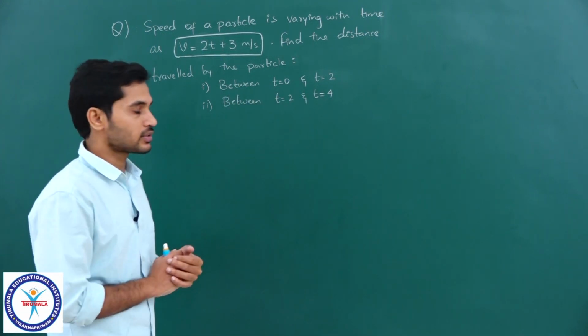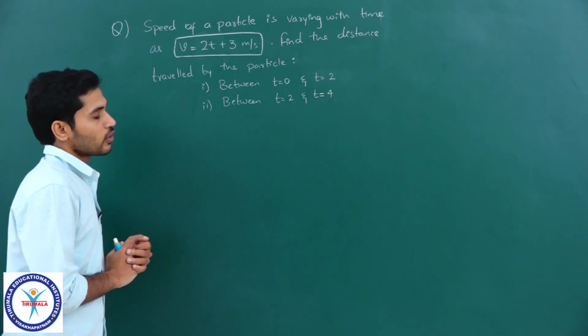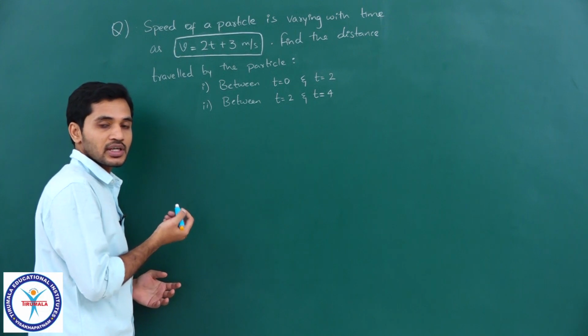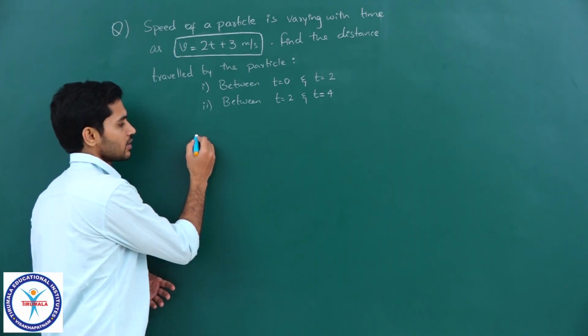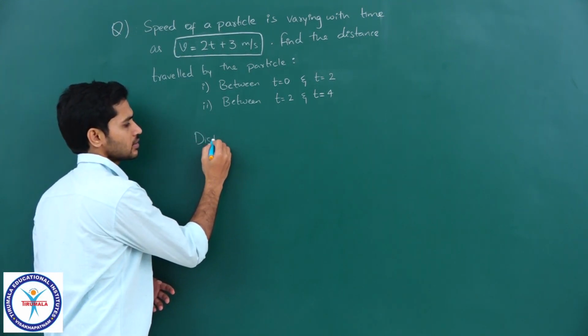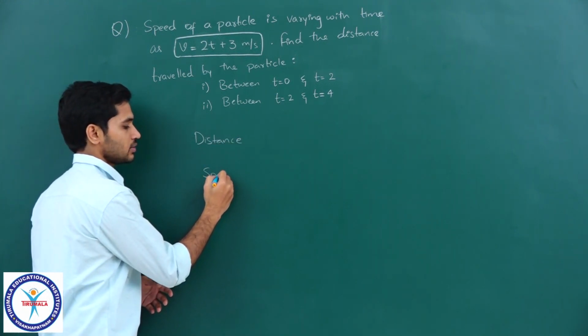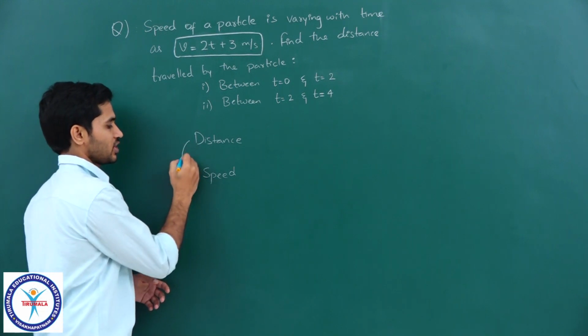So, they have given two parts. First of all, we have been discussing since we started differentiation that when distance is known to us and I need to find speed, we differentiate it.